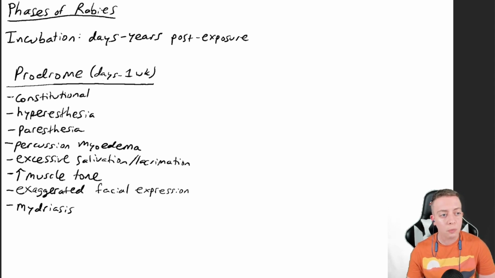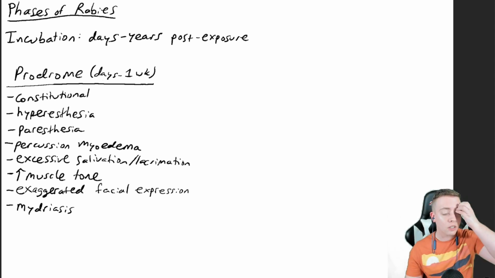So the prodrome is kind of the initial phase of the symptoms that you get. You start seeing this from days to a week after exposure, usually, or at least after the incubation period, and it lasts for about days to a week.